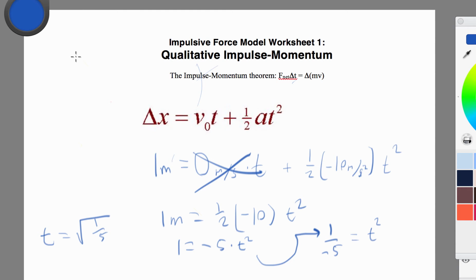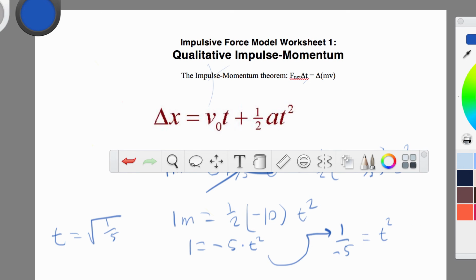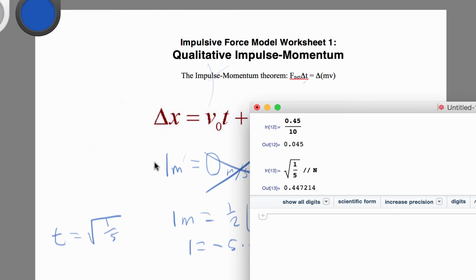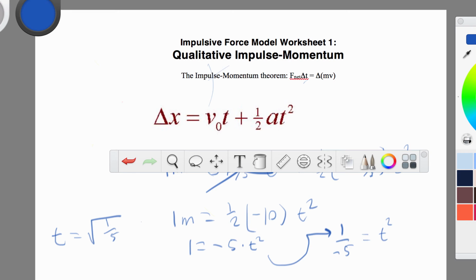It's kind of tricky, but in general, just confirm: square root of 1/5 should be about the same. Yeah, 0.44 seconds.